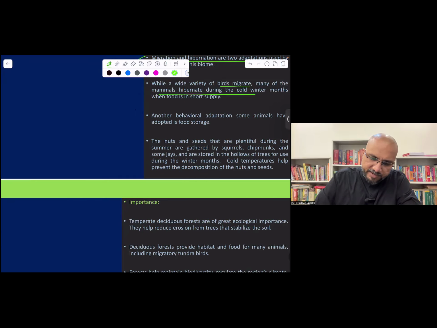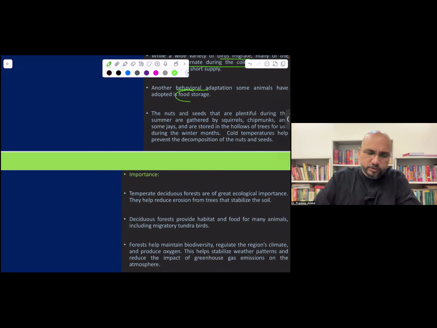Okay. Another behavioral adaptation is storage of food. You can see this in case of squirrels, they have this habit of storing the nuts. The nuts and seeds that are plentiful during the summer are gathered by squirrels and chipmunks and some birds also, jays, and they are stored in the hollows of trees to be used during the winter months.